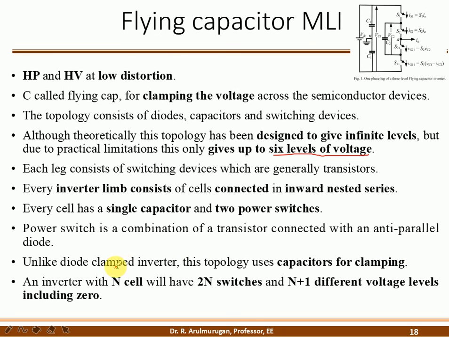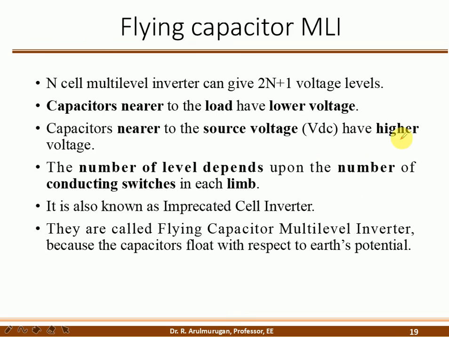Unlike the diode clamped inverter, this topology uses the capacitor for clamping. N cells in a multi-level inverter give N plus 1 voltage levels. If the capacitor is connected near the load, the voltage is lower; if connected to the source side, it is higher.